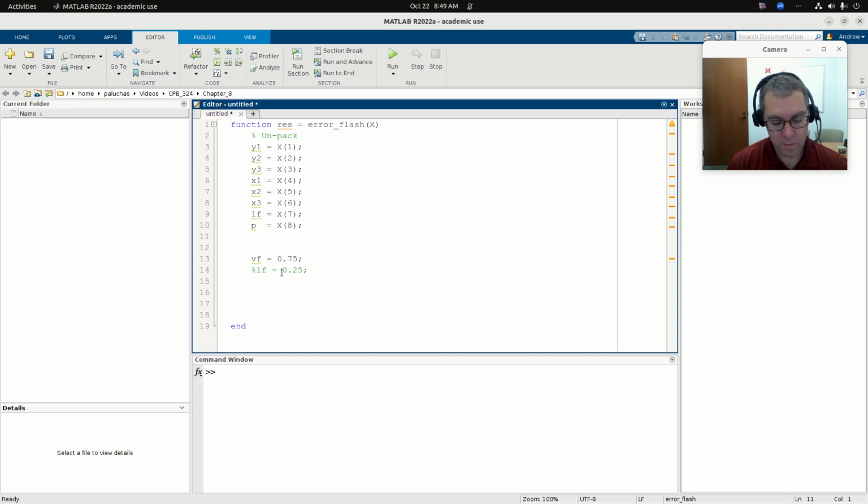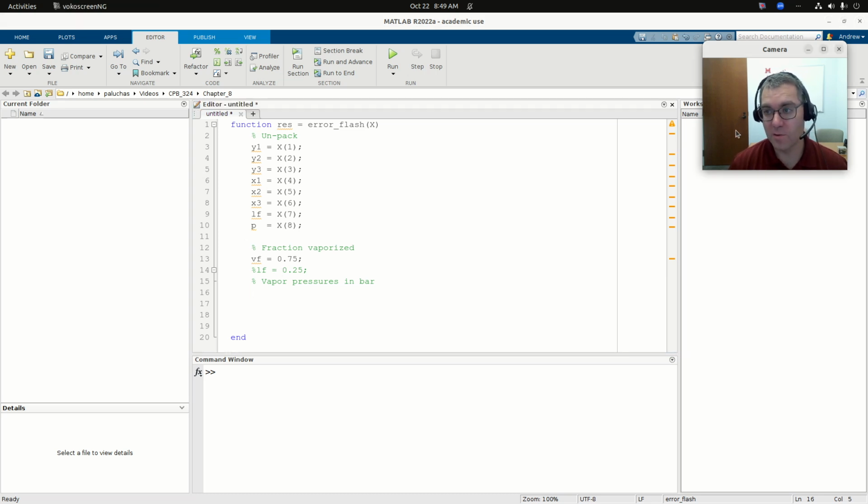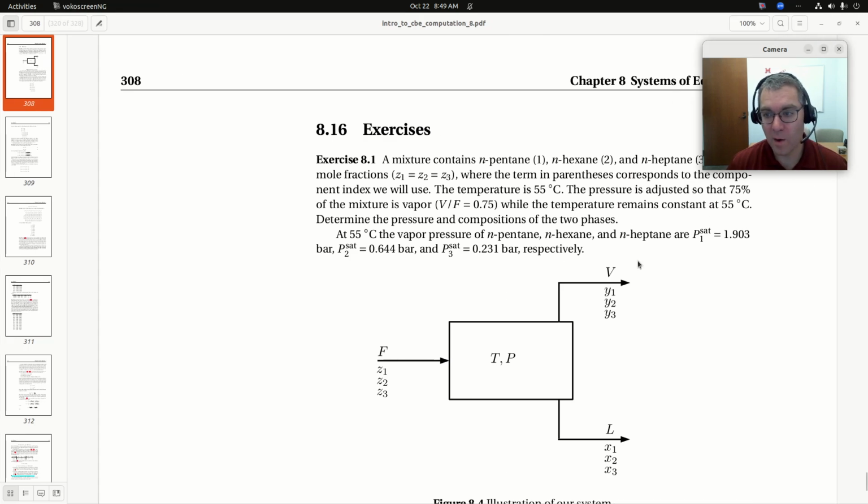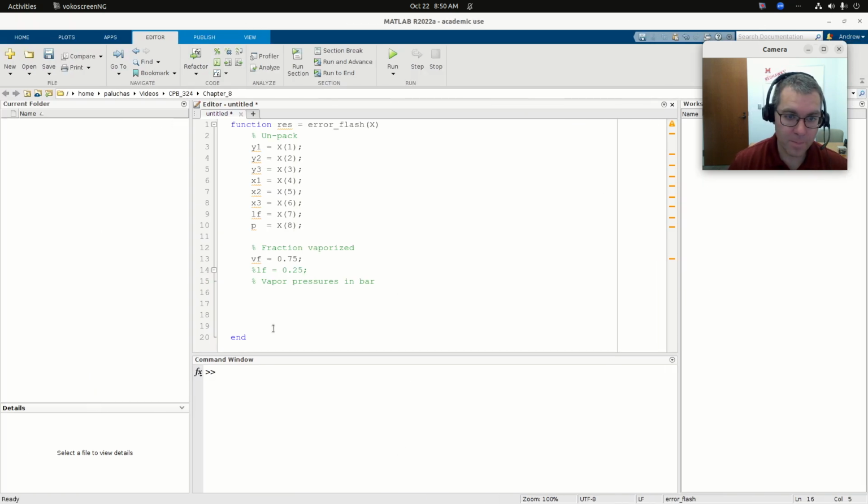So this is my fraction vaporized. My vapor pressures are in bar, and as long as my vapor pressures are in bar, the pressure I'm solving for will have the same units, bar. So P1 sat is 1.903.